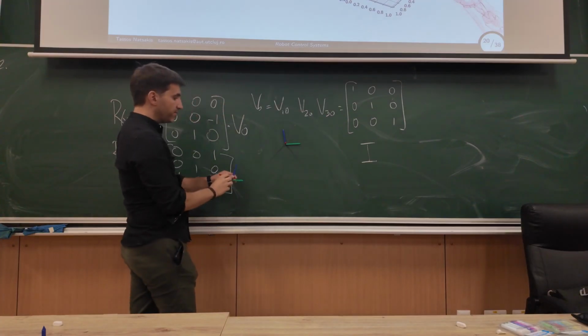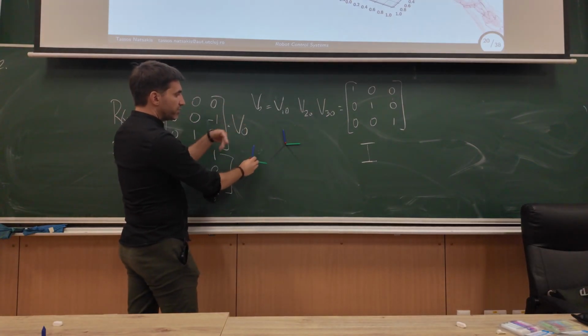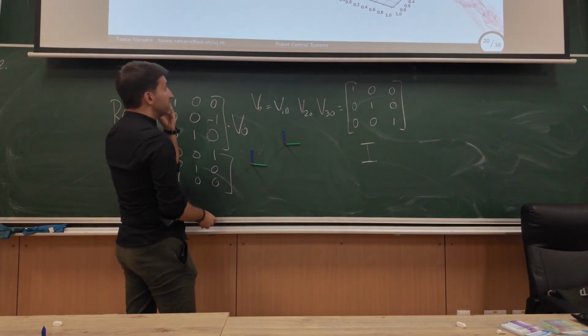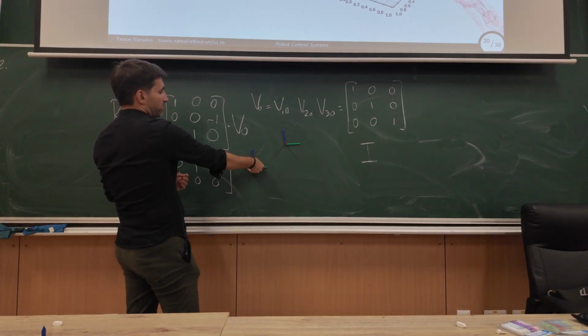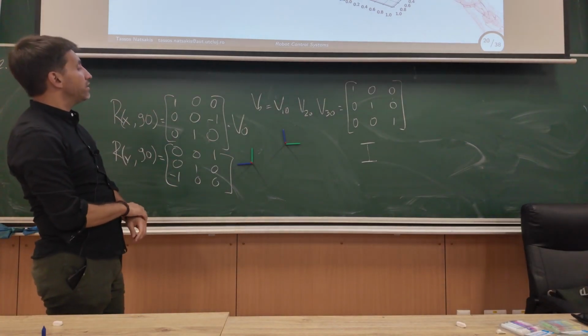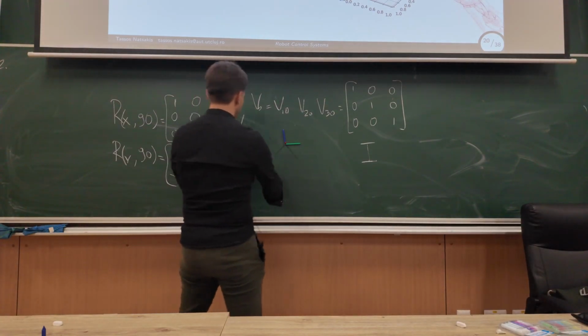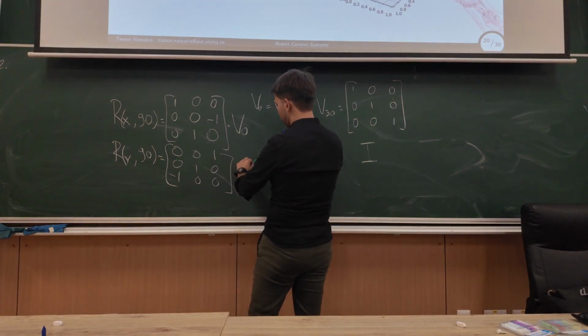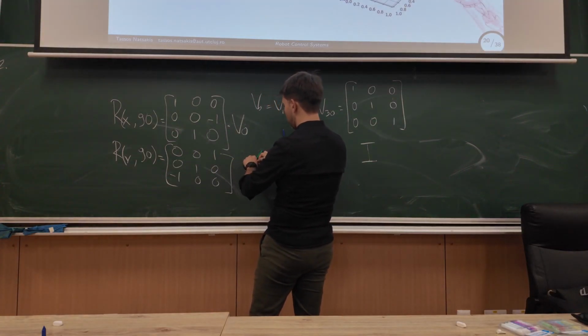This is my initial frame, and ignore the translation for now. Let's say I rotate around x, and then I do another rotation around y. Will this work? No, it won't work.